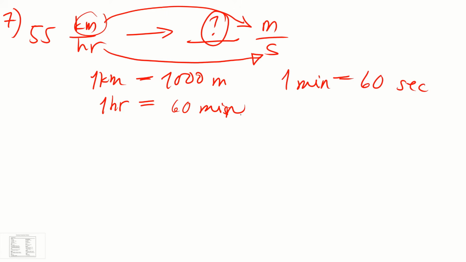You can also use 1 hour is equal to 3,600 seconds, if you would like to use that, but here I'm going to demonstrate the longer method. Ayan, longer conversion.